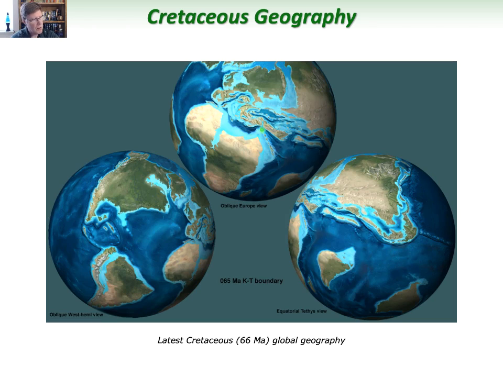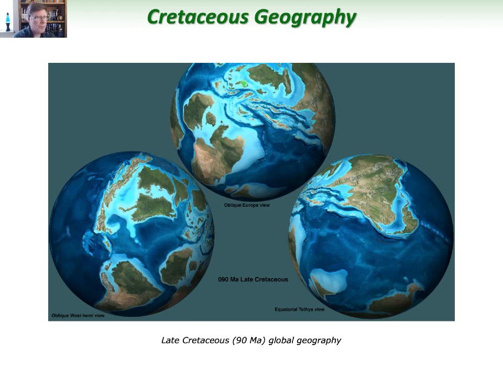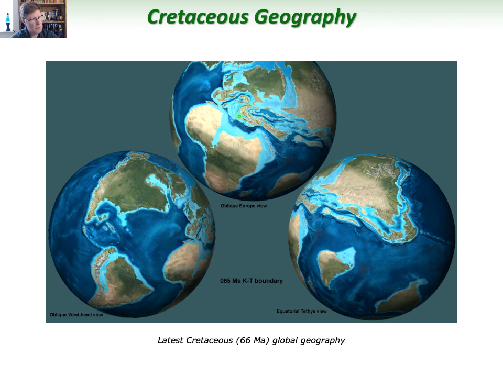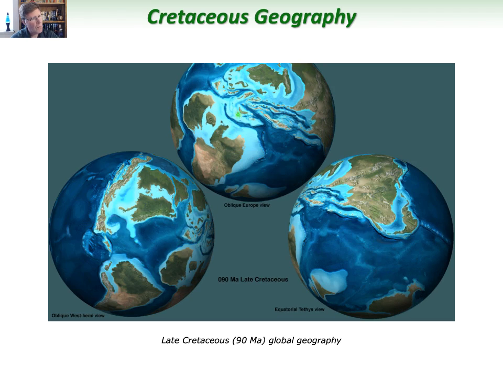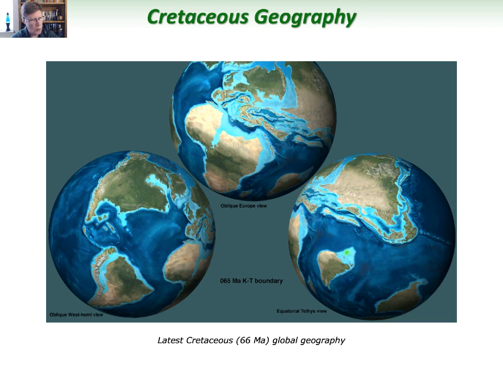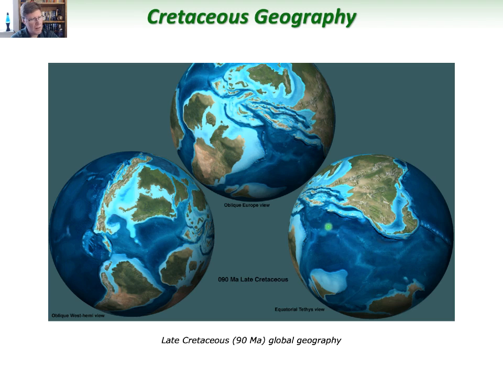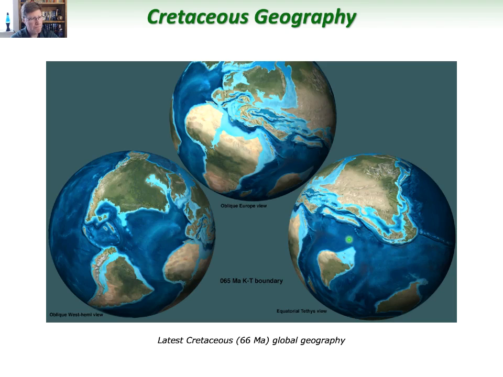In Europe, the collision zone between Africa and Eurasia will narrow, as will the Tethys. And the Tethys itself in the Eastern Hemisphere will do the same as India works its way farther north. So this oceanic plate here is subducting underneath Eurasia.